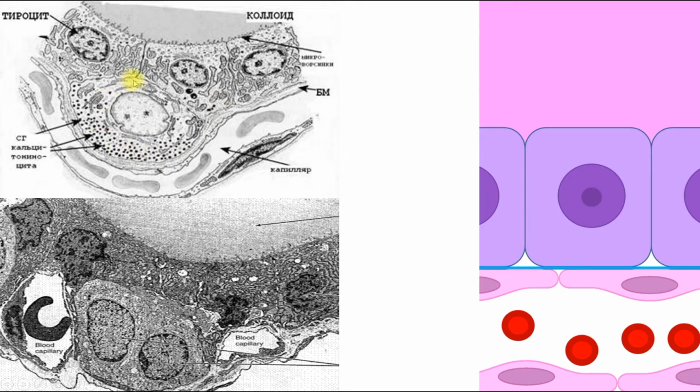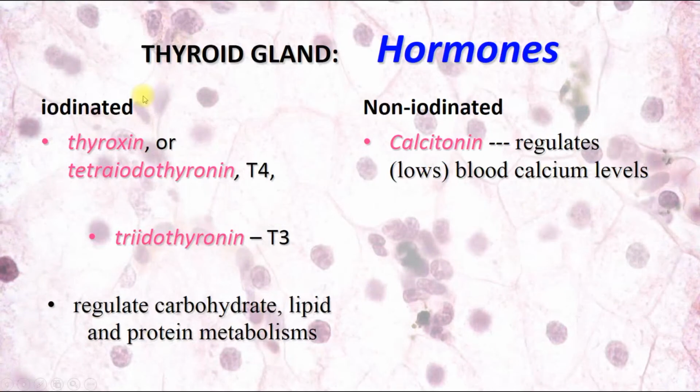And also we have C cells. Here we can see this C cell or extrafollicular cell. It doesn't reach the cavity of the follicle, it doesn't reach colloid, and it produces a non-iodinated hormone. It's calcitonin. So, hormones of the thyroid gland are iodinated, which contain ions of iodine, and non-iodinated hormones.